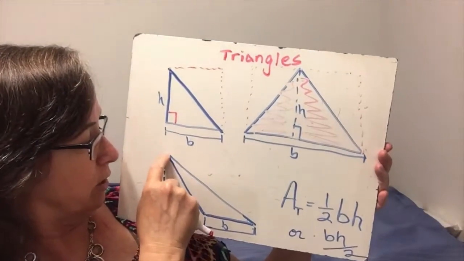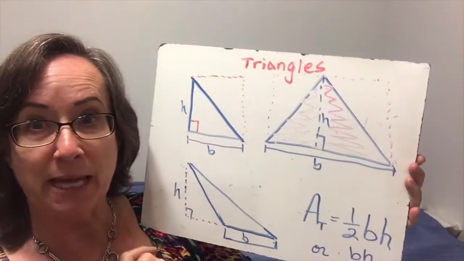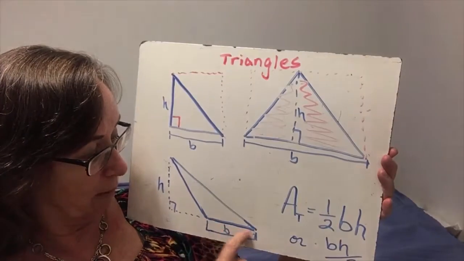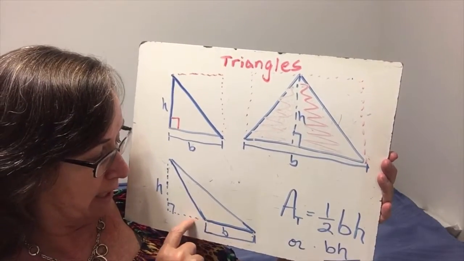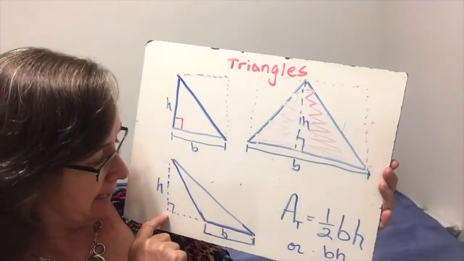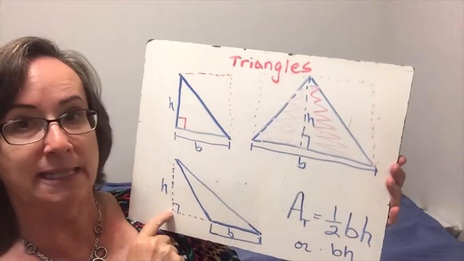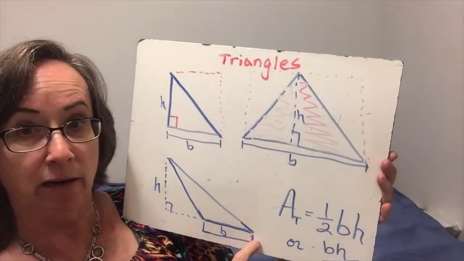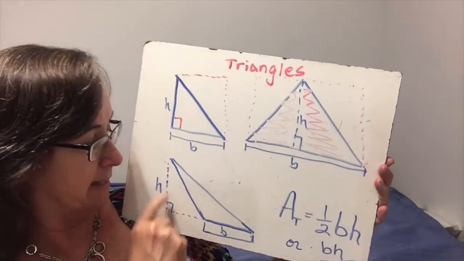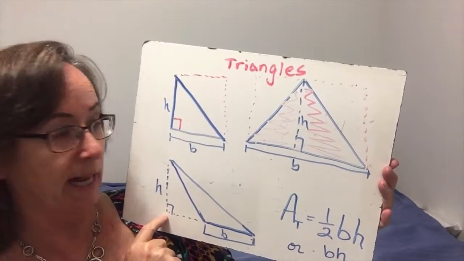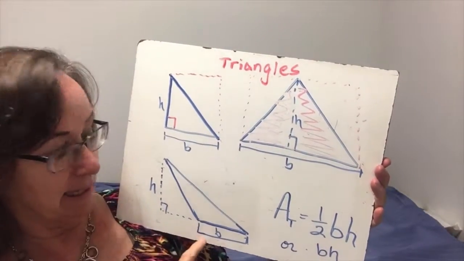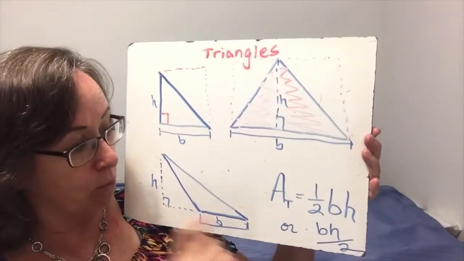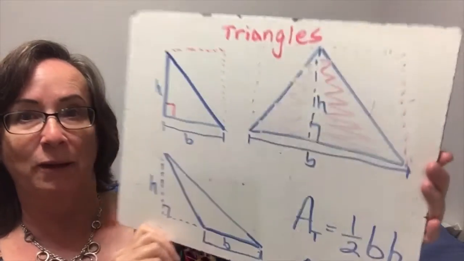Here we do a straight drop down from the tip of the triangle, and the base is what we see here on the bottom, but then we just do a dot, dot, dot and extend the base, and the height comes down to that point. So the base is only here, but we extend the base so we know how far to bring down our height. And again, our area of that triangle will be 1/2 base times height, or base times height divided by 2. They both work.